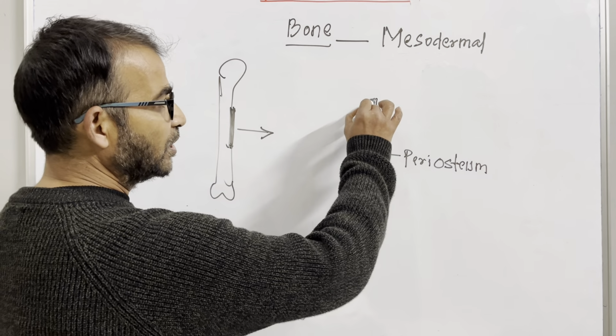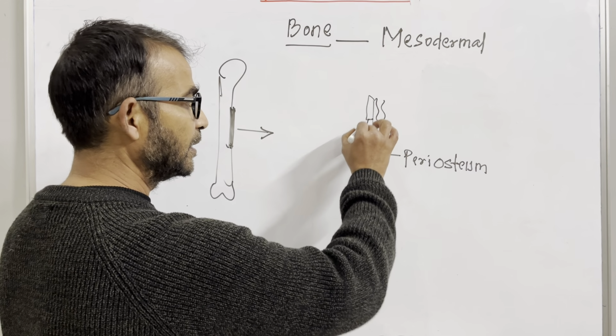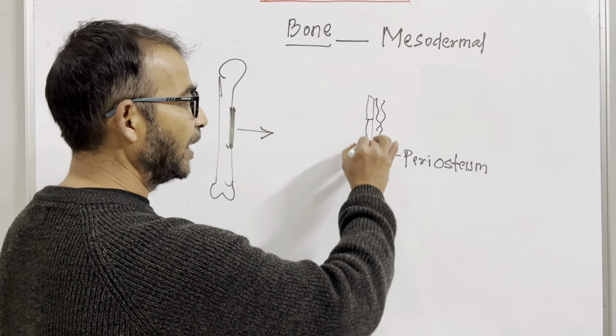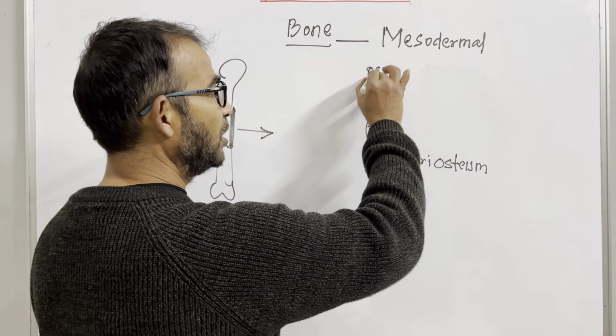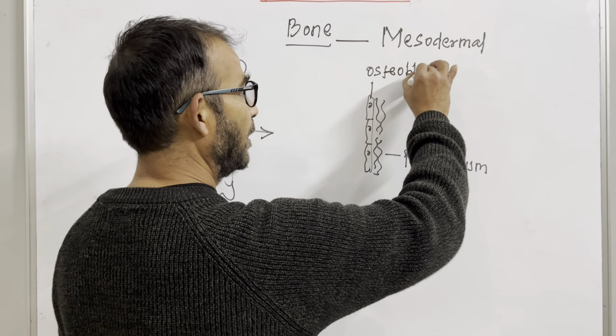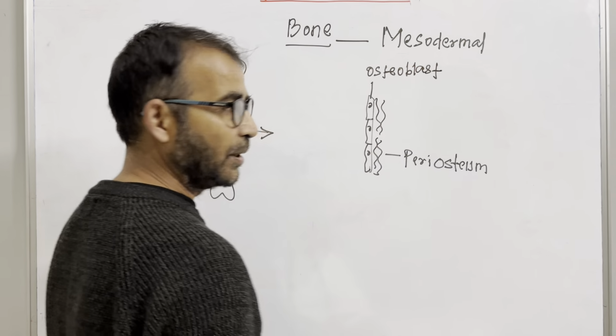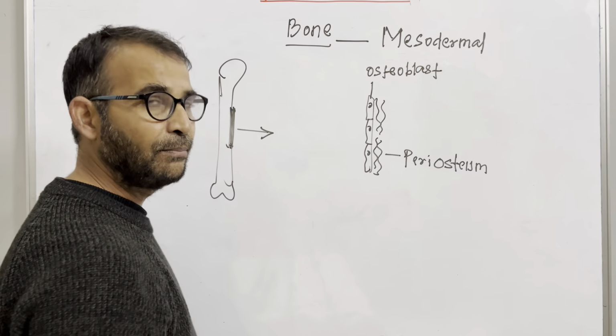Inside the periosteum, going from outside to inside, you find that the cells lining it are called osteoblasts. So osteoblasts are the bone forming cells present beneath the periosteum, which is the white fibrous connective tissue present outside the bone.